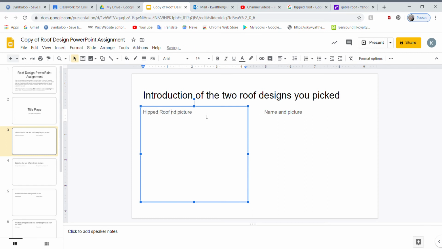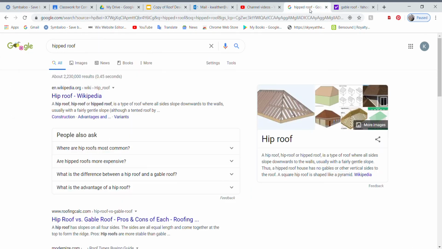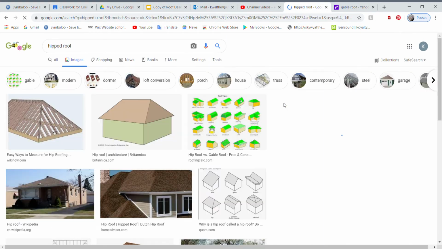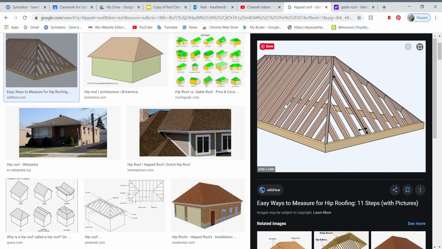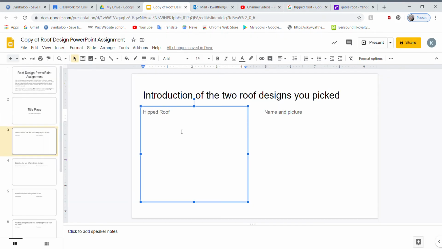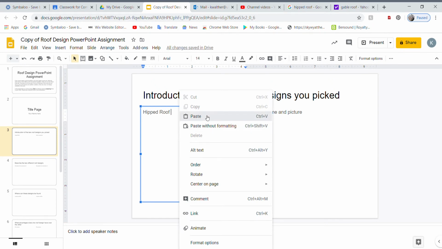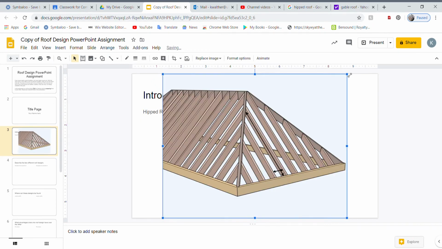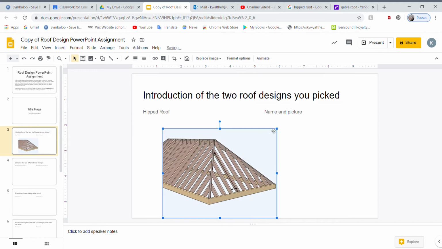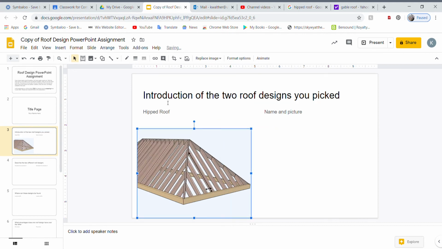and I'm going to go over here. I'm going to select this picture, copy image, and paste it. Obviously, I have to make it shrink. There we go.